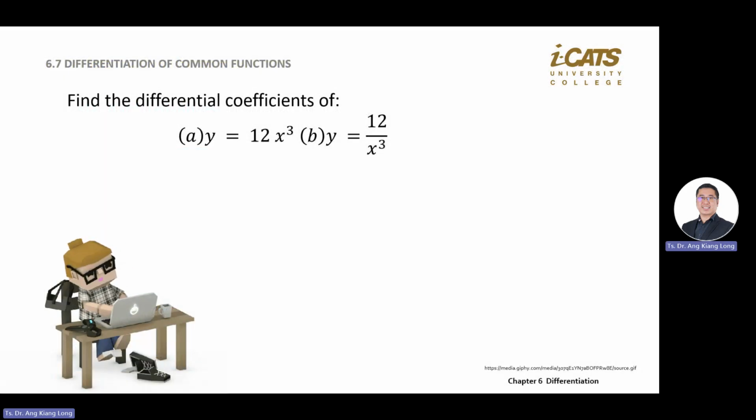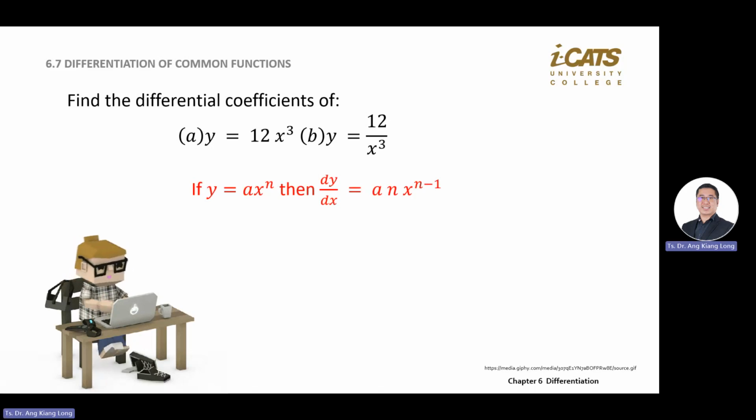For example, find the differential coefficient, which means you need to do dy/dx or function comma. General rule: put your equation into index form, and then do the differentiation. For example, in part b you need to change into index form. This is in the form y = ax^n, so dy/dx = anx^(n-1). This red statement is important in every test and final exam.